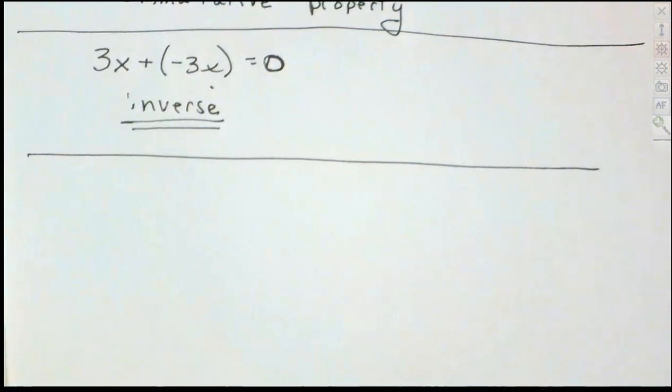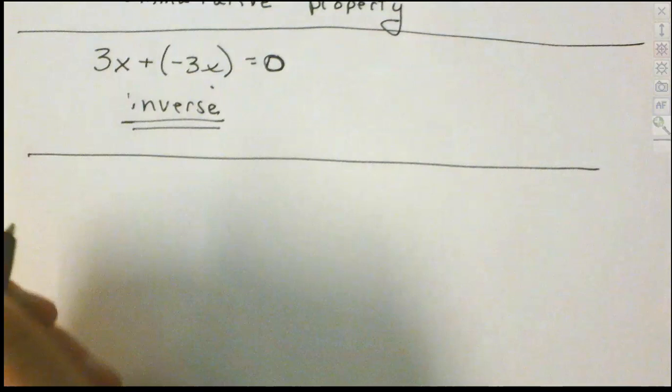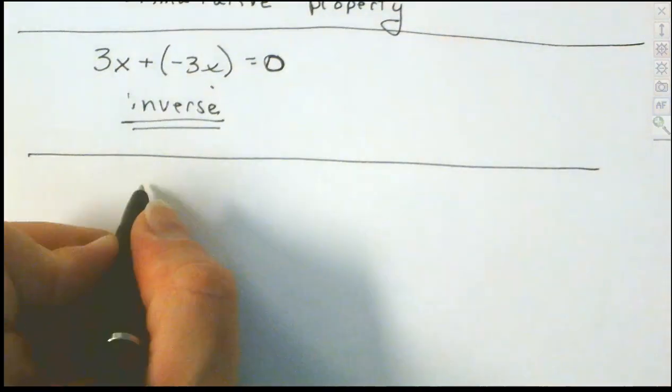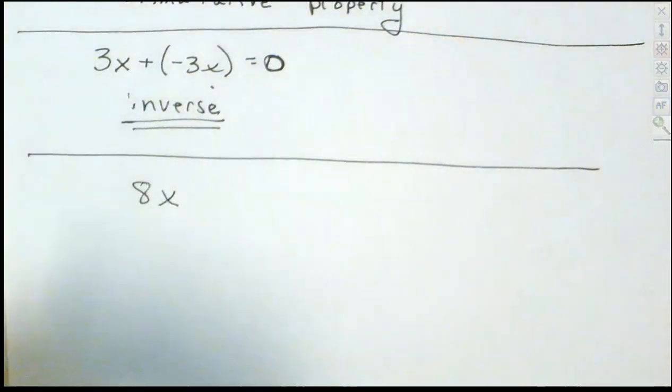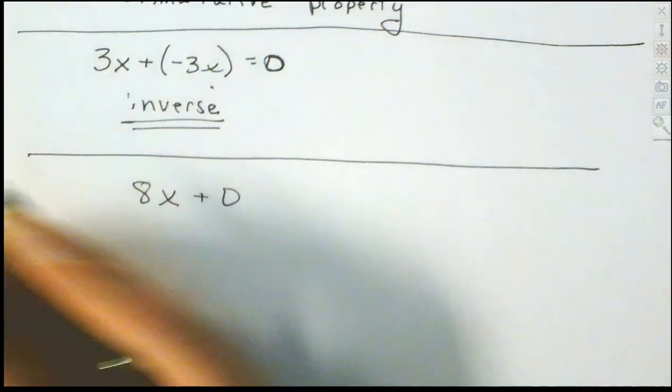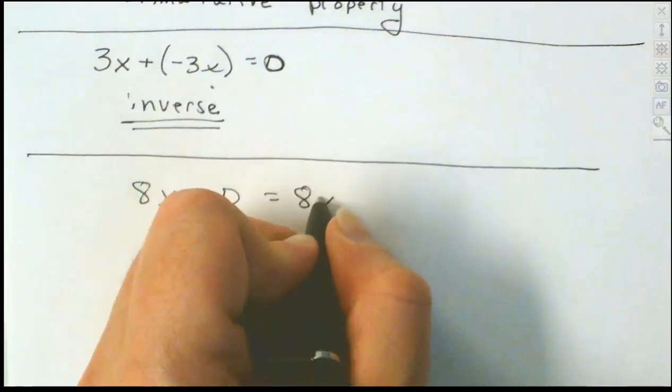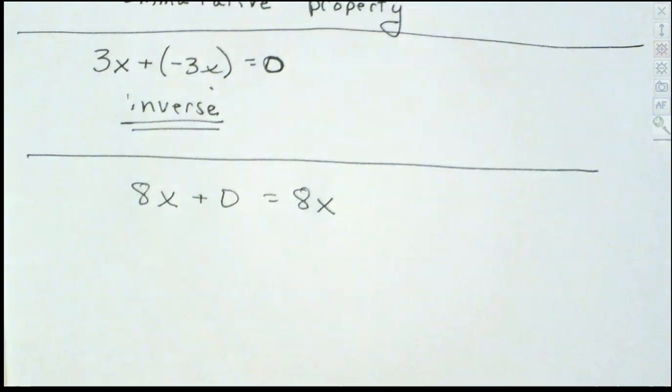Let's try another one. How about 8x plus 0 equals 8x? Doesn't just have to be numbers. You can have variables in these as well. Well, am I changing it? No, because when I add 0, does that change it?